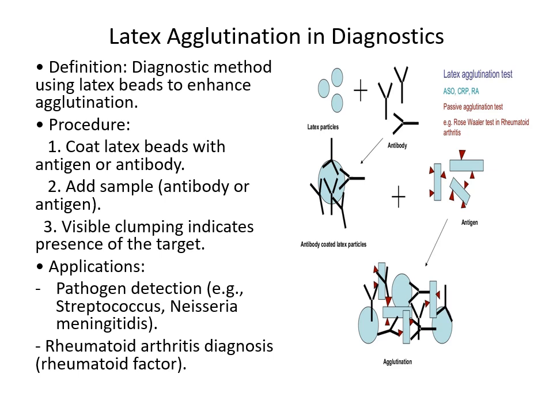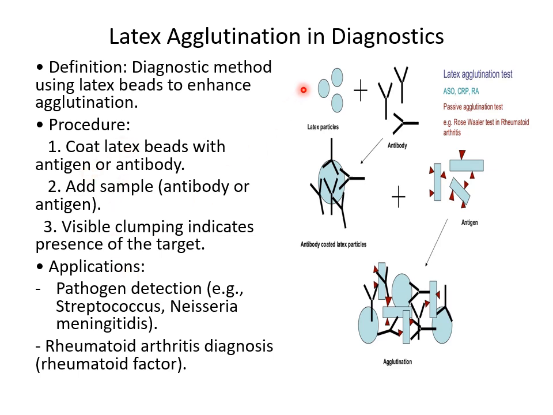The first procedure is coating the latex beads with the antigen or antibody. This is the first step, and then they add the sample. It may be the antibody, and when they bind to each other, they form visible clumping, which indicates the presence of the target.